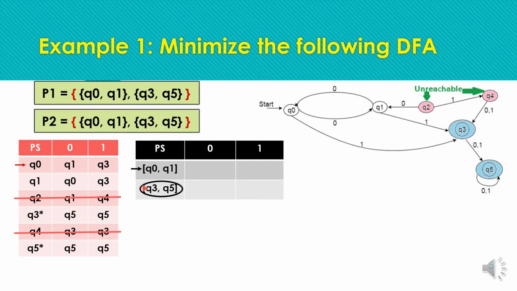So here Q3 and Q5 are part of this set. So this set will be the final state for the minimized DFA, and as Q0 is a part of this set, this state will be the initial state for the minimized DFA.